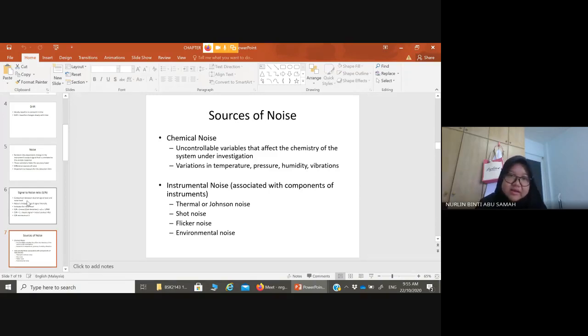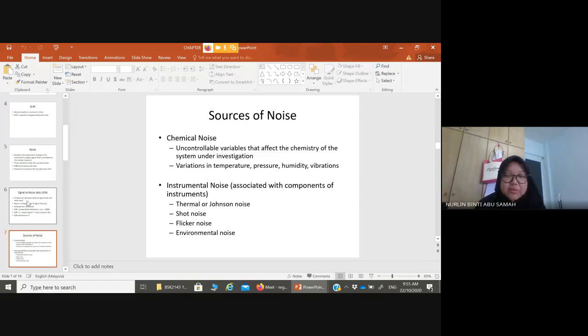The other one is instrumental noise, and this kind of noise can be overcome. There is thermal or Johnson noise. This is electronic noise generated by thermal agitation of the charge carrier, which in this case is the electron. When the instrument runs at high temperature, it gives thermal noise.